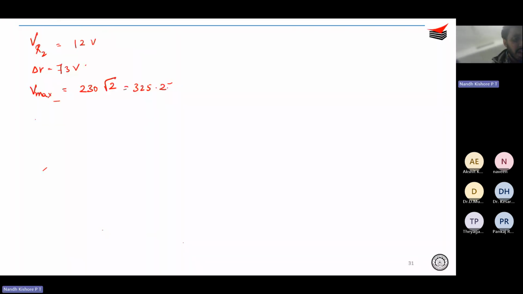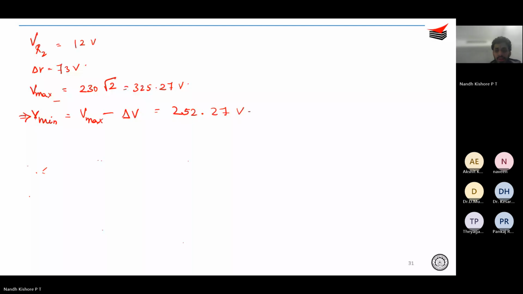And they have given that delta V is 73. Therefore, what is Vmin? Vmin will be Vmax minus delta V, which is 325 minus 73, turning out to be 252.27 volts. So this will be your Vmin.